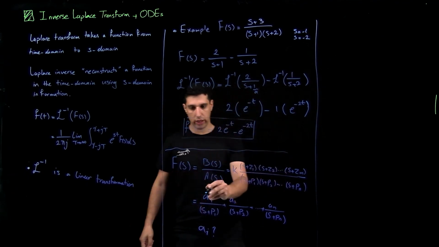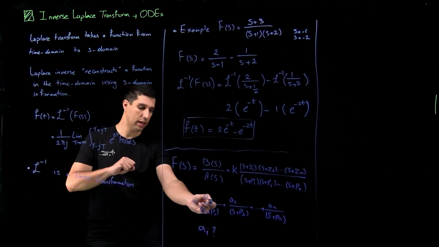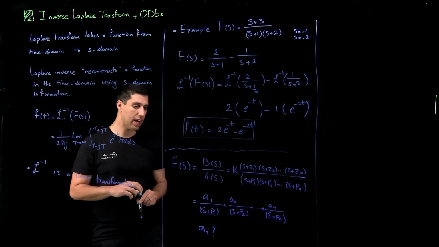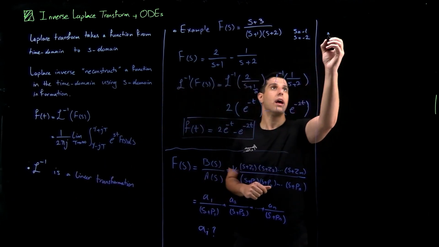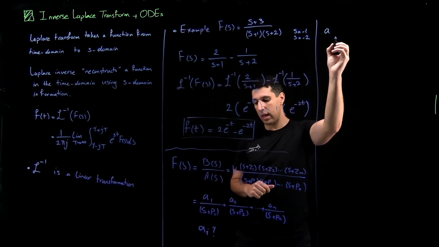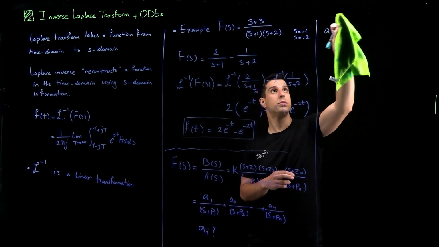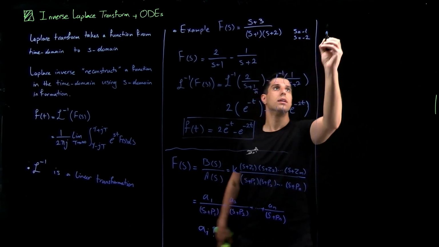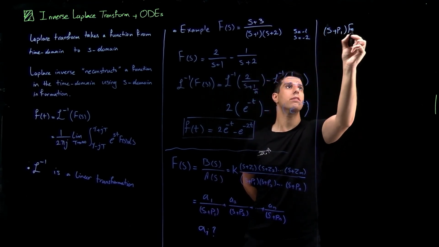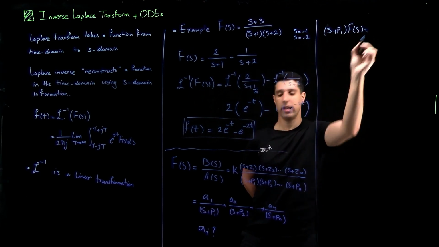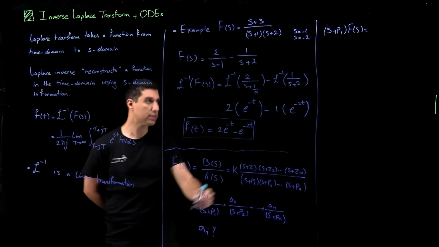What we can do is multiply both sides of this by the denominator of that, the pole associated with that partial fraction. And I get s plus p1 times F of s equals, if I multiply both sides by s plus p1, this one cancels.